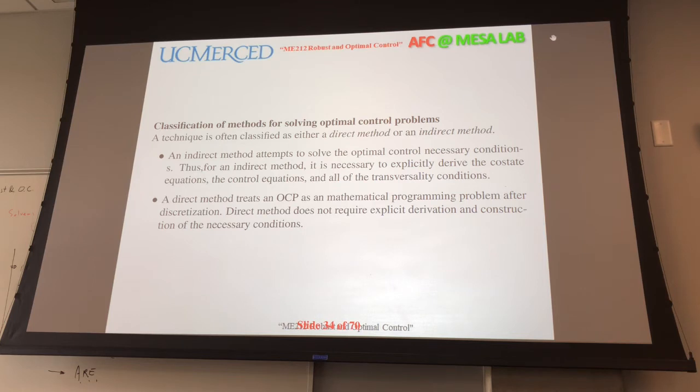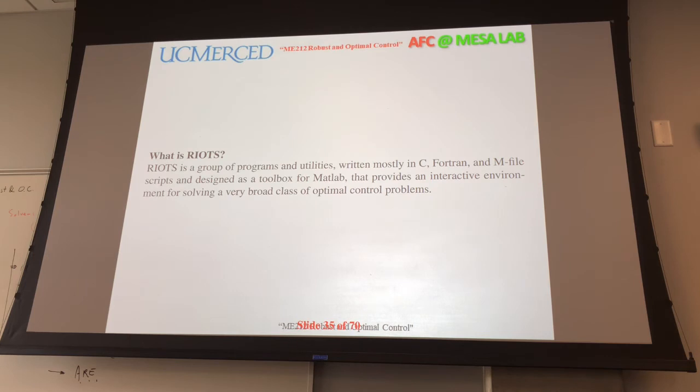So the parameterization needs a lot of points. However, our indirect method parameterizes the control as well as all the states. So Rails is using that idea, but you need to derive all these equations.